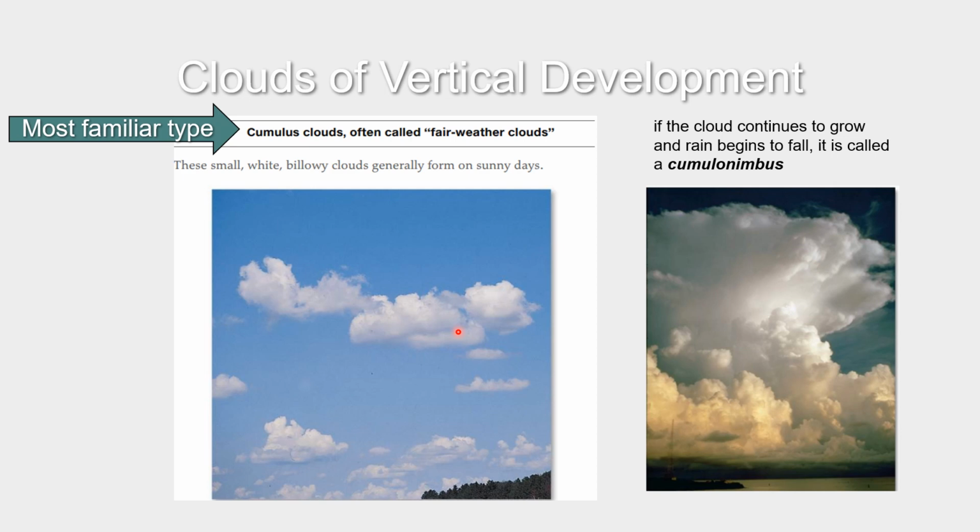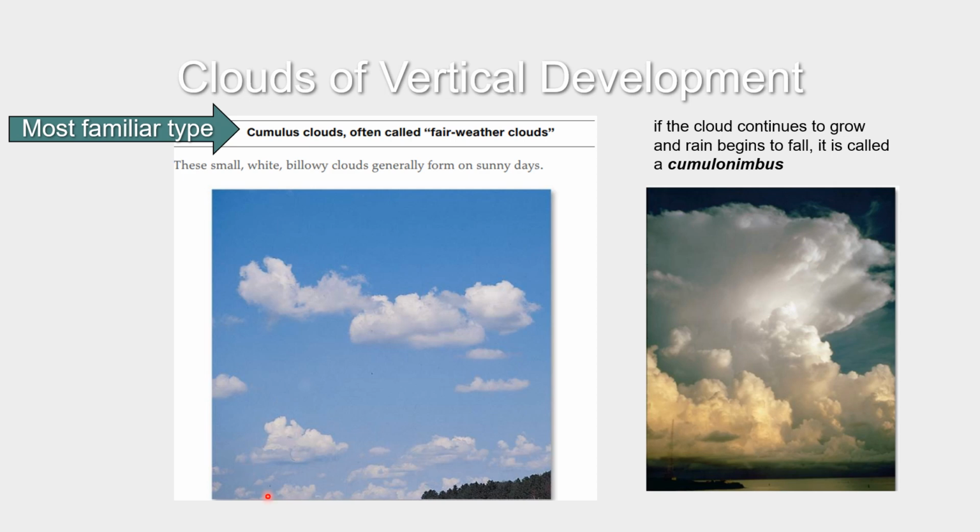And cumulus clouds are the most familiar type of clouds of vertical development because they most often form on clear days when unequal surface heating causes a parcel of air to rise convectively above the lifting condensation level. And again, they are often called fair weather clouds, as you can see in here.